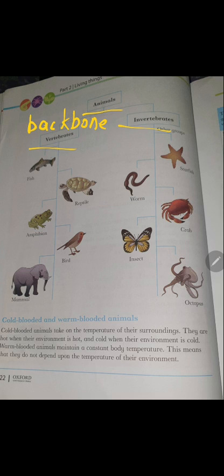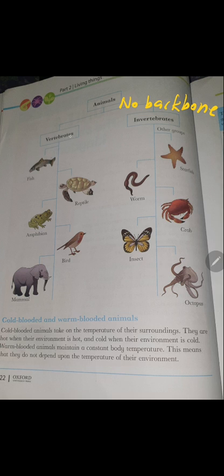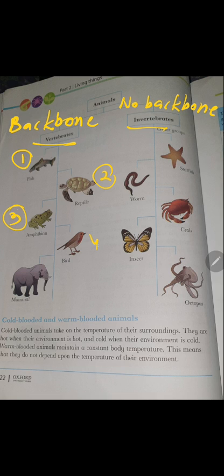And invertebrates do not have a backbone. We only discussed the vertebrates, and the groups are 1 fish, 2 reptile, 3 amphibian, 4 birds, and 5 mammals.